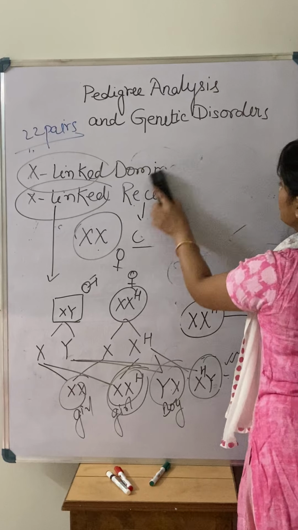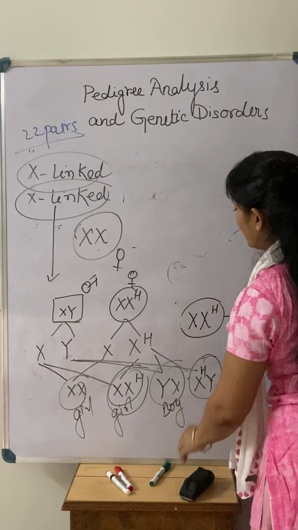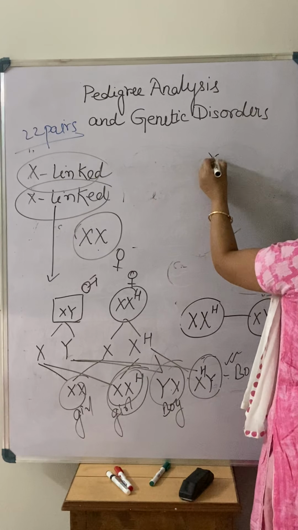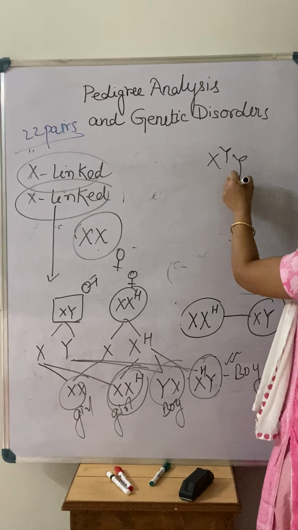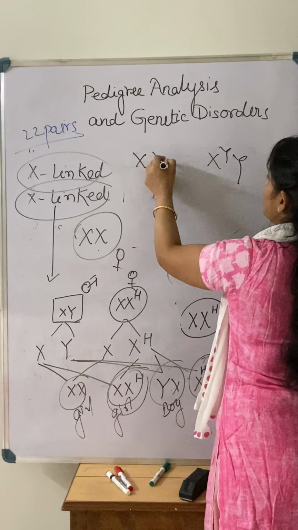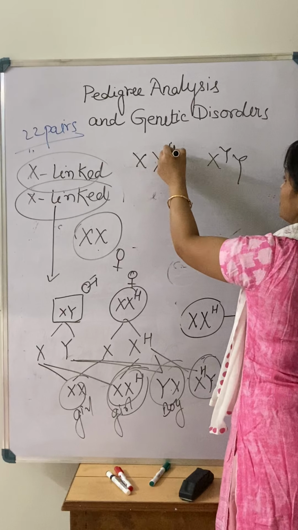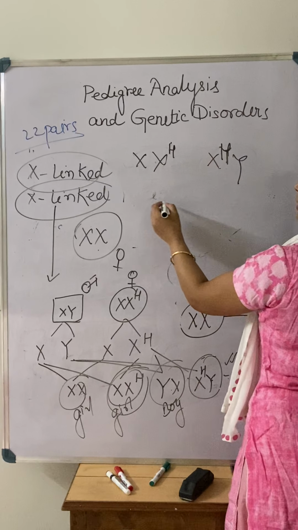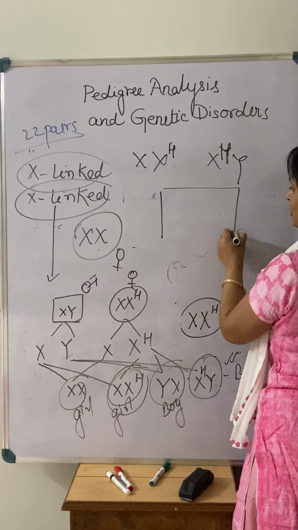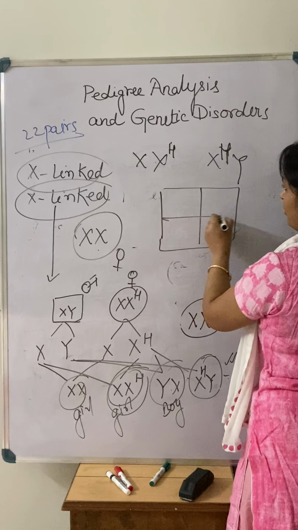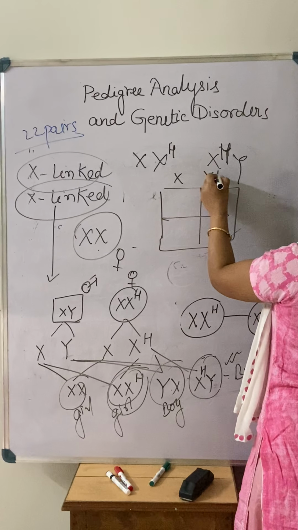If you understood this, you will get it very easily. For the hemophilic, the father should be infected, right? The mother should be a carrier of that disease. When there is a fusion, the gametes are somehow like this.